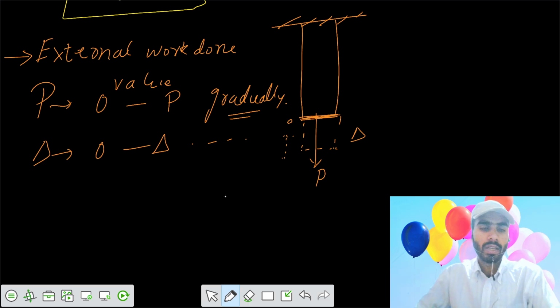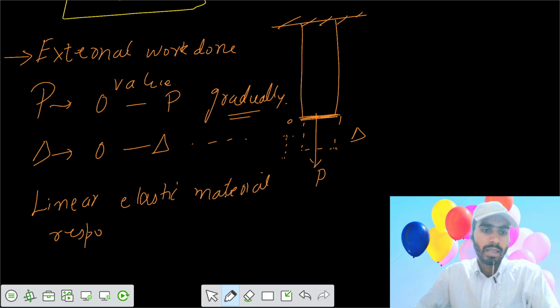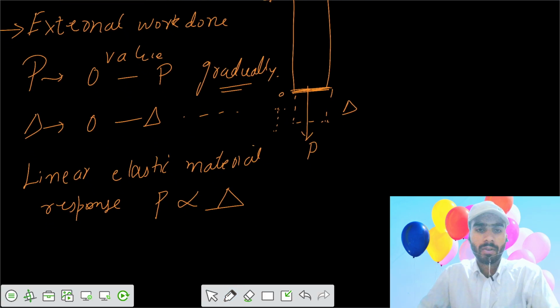And we know from strength of materials that there should be a linear elastic material response. For that, P should be proportional to the displacement or deformation produced.